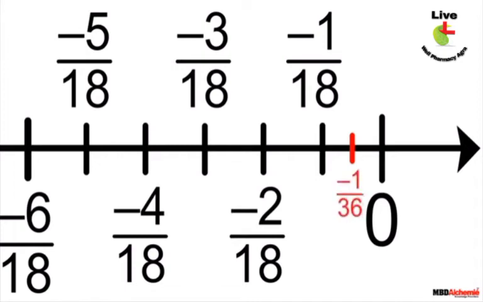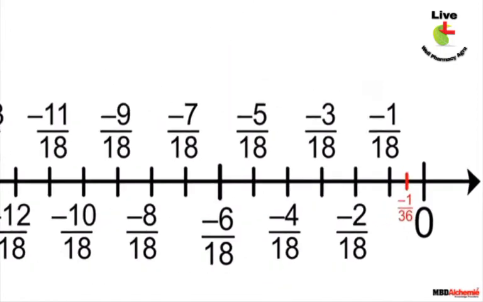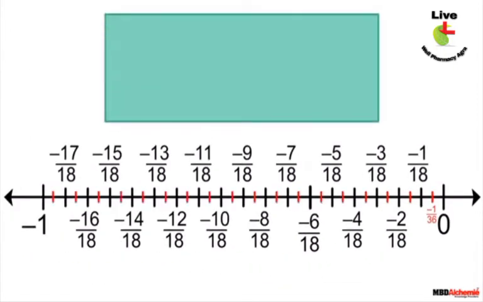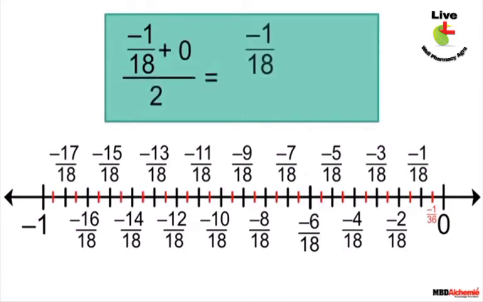Thus this mark represents minus 1 upon 36. Thus, a rational number between two rational numbers can be found by finding the arithmetic mean of the given two rational numbers. By repeating this method a number of times, we can find a number of rational numbers between two given rational numbers.